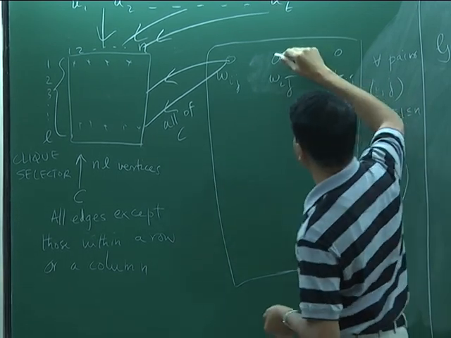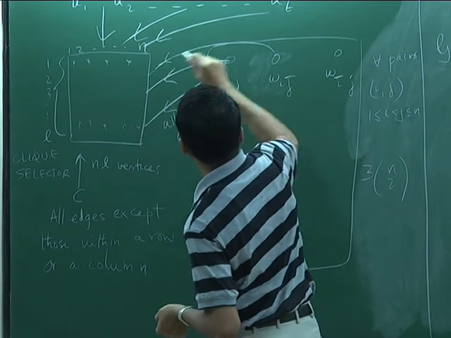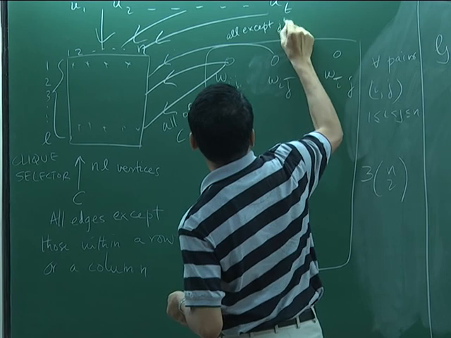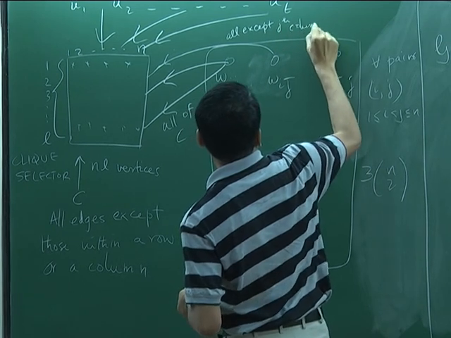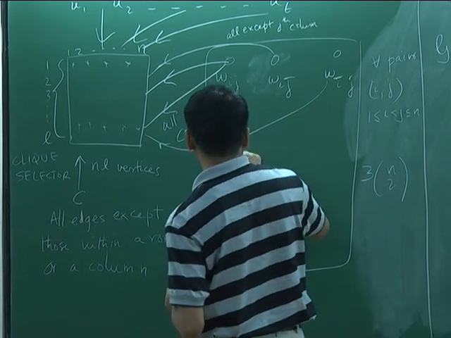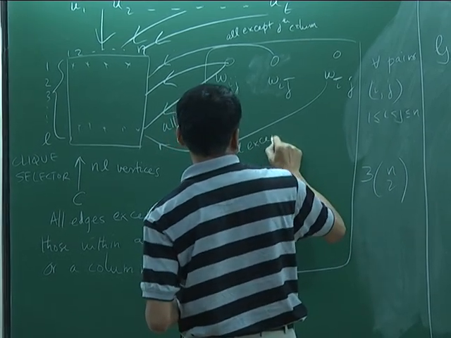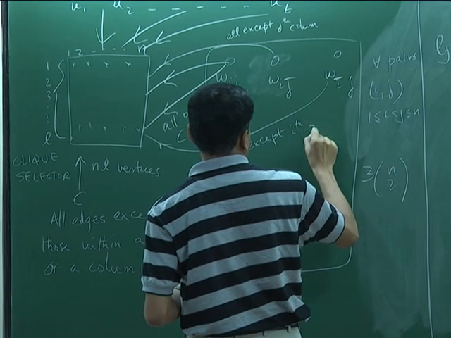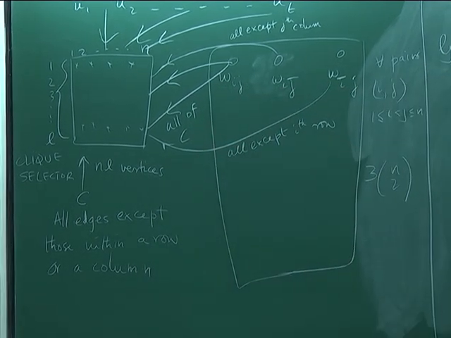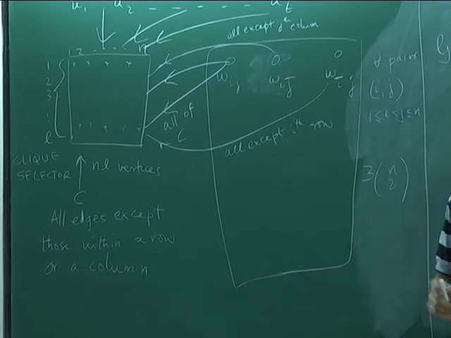Okay. So, this is all except jth column, and this is adjacent to all except ith row. Okay. Ith row.